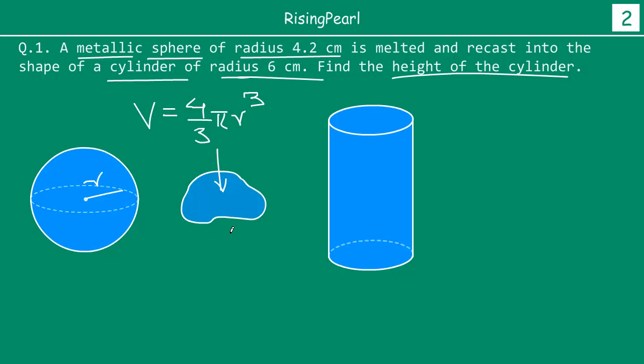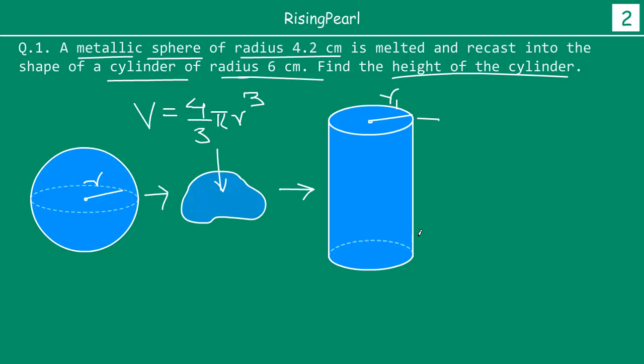And now somehow we are going to make this into this shape. So we start out with a sphere, we melt it, we get a huge collection of melted liquid metal, the amount of which will be 4 by 3 pi r cube. And now we are going to use this to make our new cylinder. For a cylinder, if this radius is r, because we used r here, let us just call this r1.